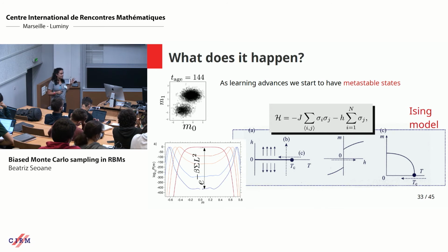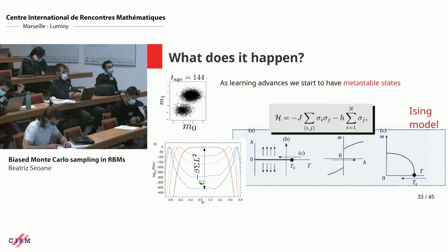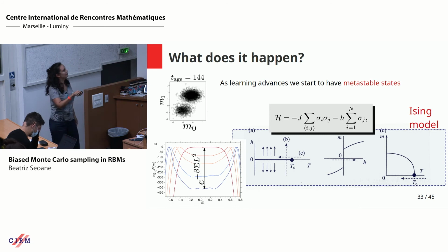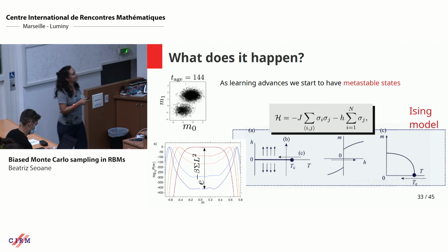In general, if you take the Ising model and put it at very low temperature, you are going to find, by symmetry breaking, one of the two possible solutions, but you never visit the other one, especially if you have a large system, because the probability of jumping from one state to the other decreases exponentially, in particular with the inverse temperature and the size.